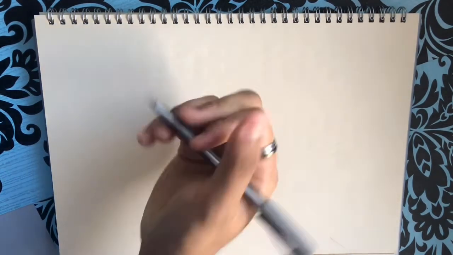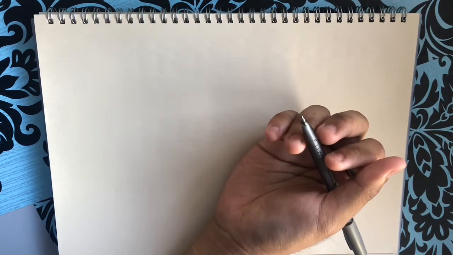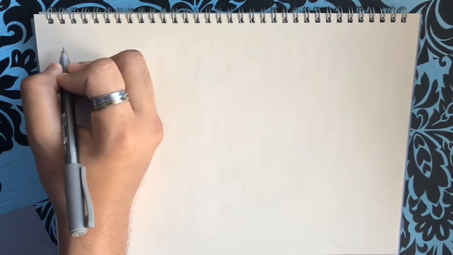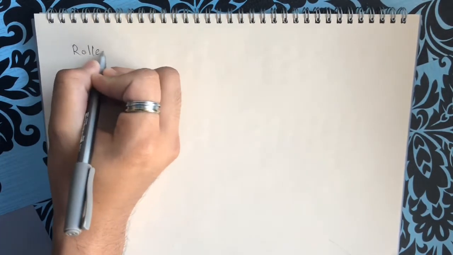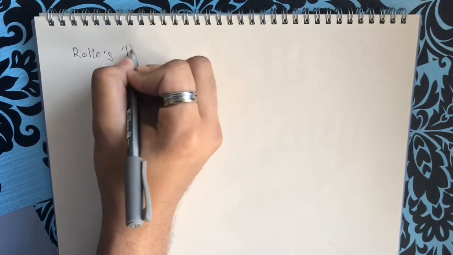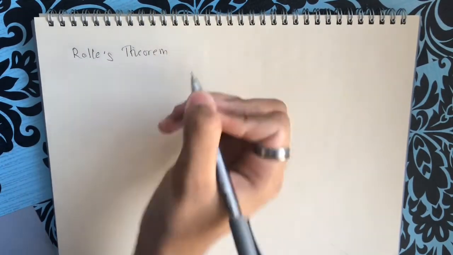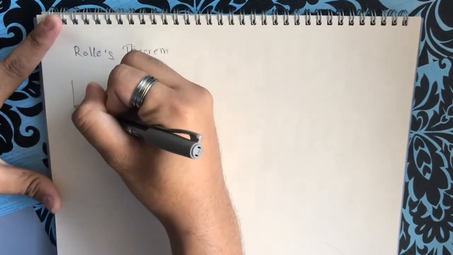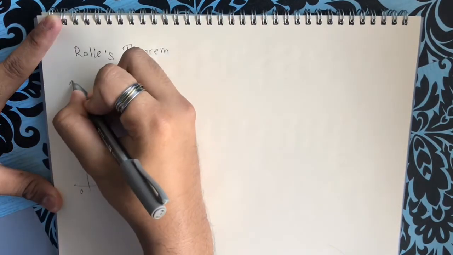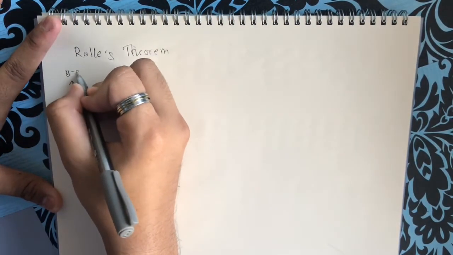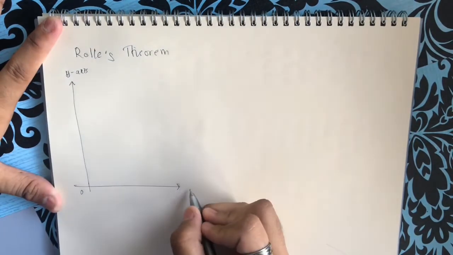Since there is no example to show, it is a little bit confusing, so let me show you how to differentiate between Rolle's theorem and the mean value theorem. You can differentiate by using the graph only. First, for Rolle's theorem, say we have a graph here: this is 0, this is the y-axis and this is the x-axis.